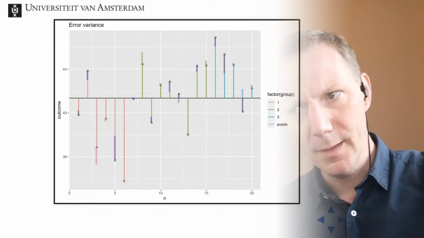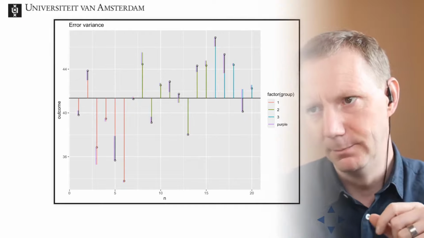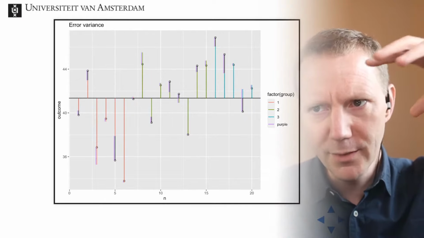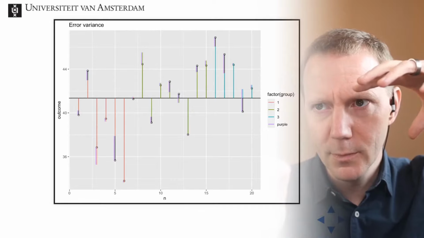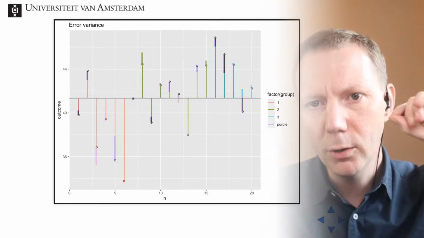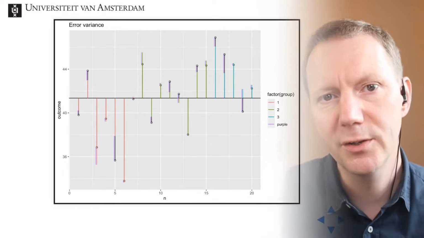So you calculate the error term based on the complete model, and then you can look at the different parts, but the error term always stays based on the total model.